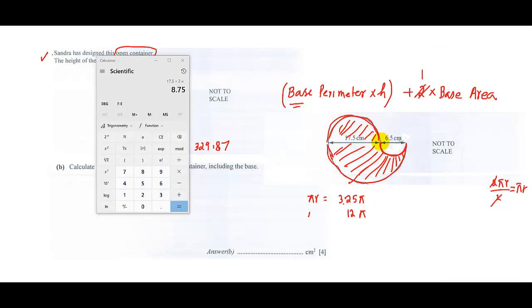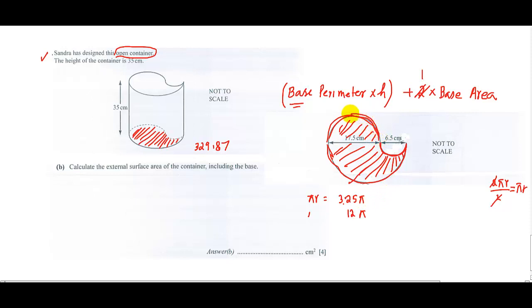So this length is 8.75 pi, and this is 12 pi, and this is 3.25 pi.